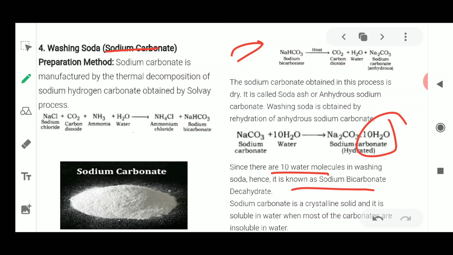Sodium carbonate is a crystalline solid which is soluble in water, whereas most of the carbonates are insoluble in water. So this is an exceptional, soluble form of carbonate.